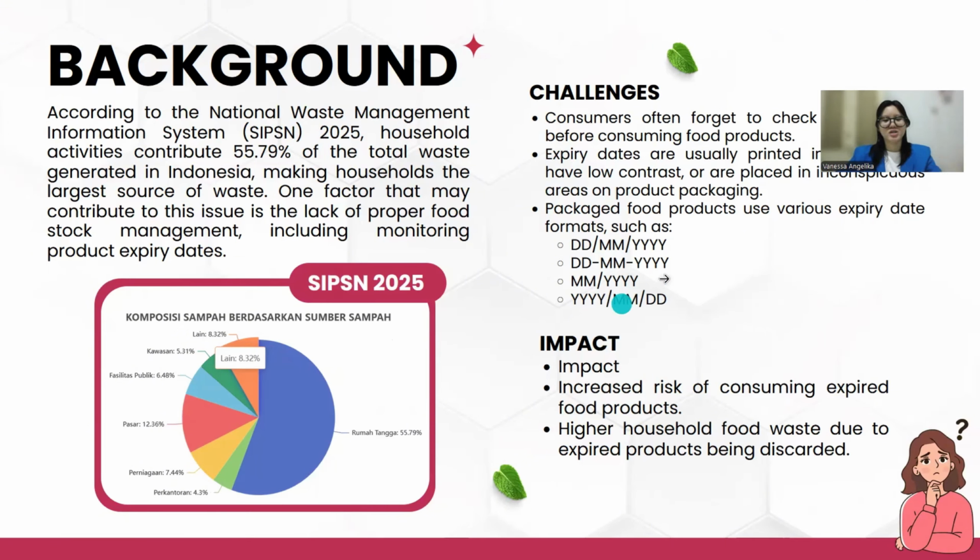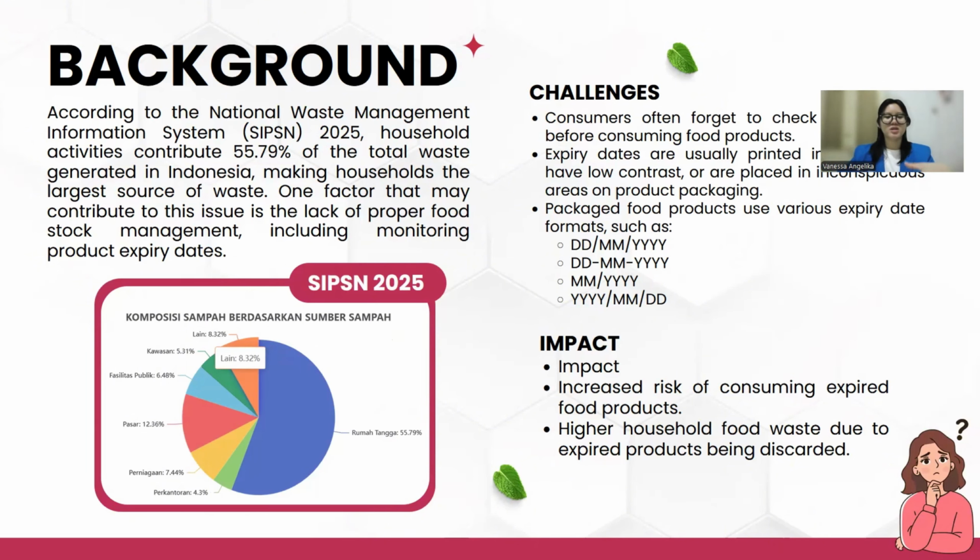In addition, expiry dates are usually printed in small fonts, have low contrast, and appear in different formats on their packages. So it makes them difficult to locate and read by a person, especially for the elderly.